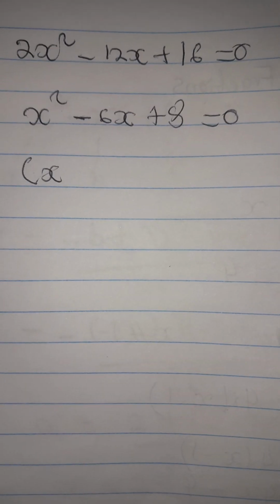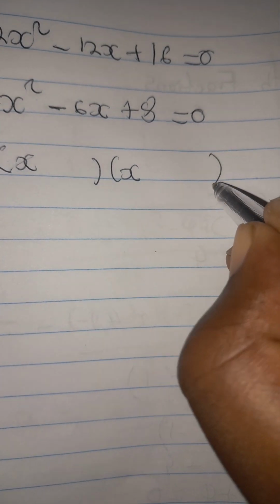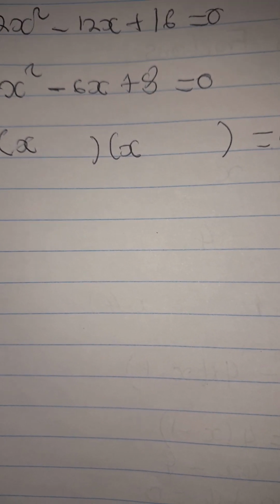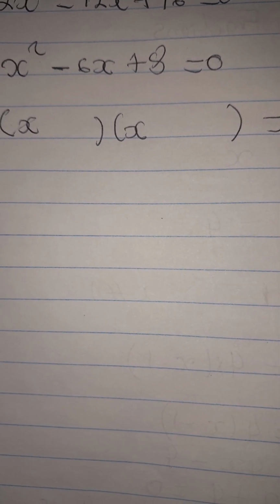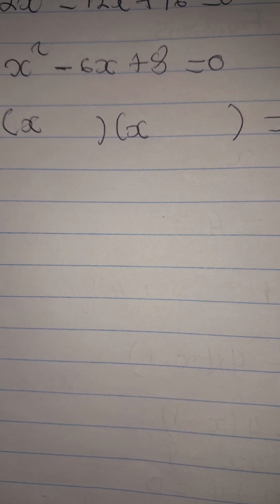So let's focus. Think of factors of 8. Factors of 8, it's 4 and 2. And when we say -4 minus 2, we get -6. So remember that since the last term is positive, they will take the sign of the middle term.